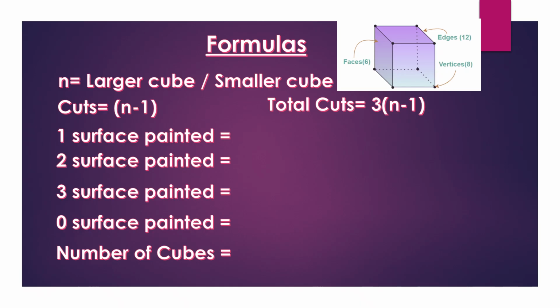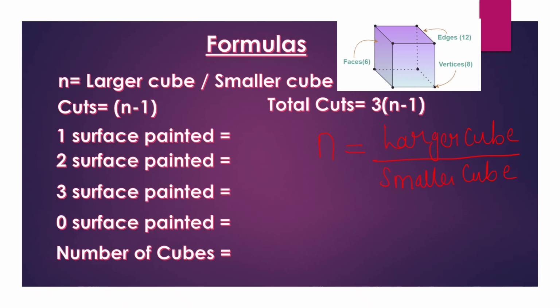Now, there are some formulas here that you need to know in order to solve the questions. Now, first one, this is n. N is what? The larger cube upon the smaller cube.